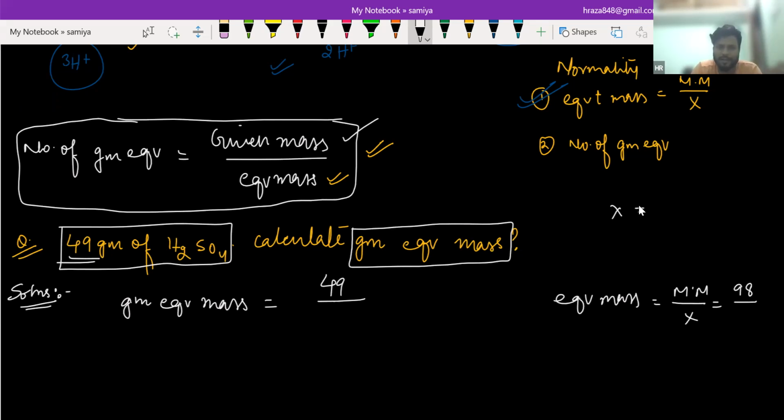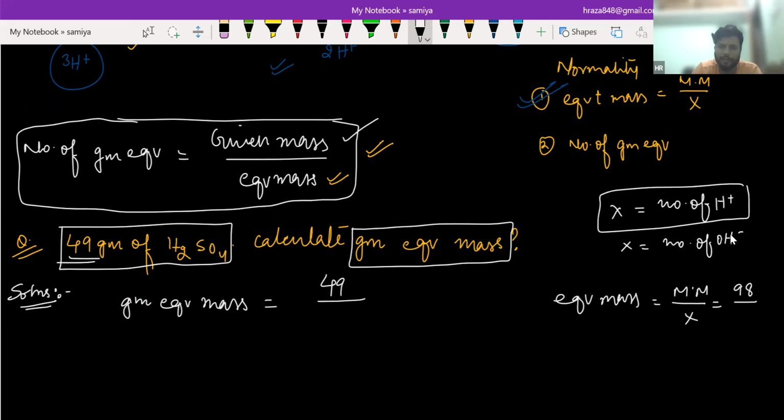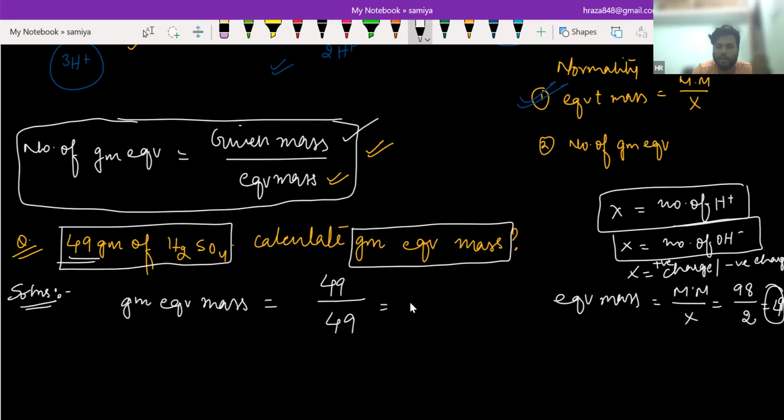If it is an acid, see how many H plus it is giving. If it is a base, see how many OH minus it is giving. And if it is a salt, see either positive charge or negative charge. That is the value of X. So H2SO4 will give 2 H plus, so it will be divided by 2, and the value of equivalent mass is 49. Just put the value and you will get 1 gram equivalent. The unit is gram equivalent.